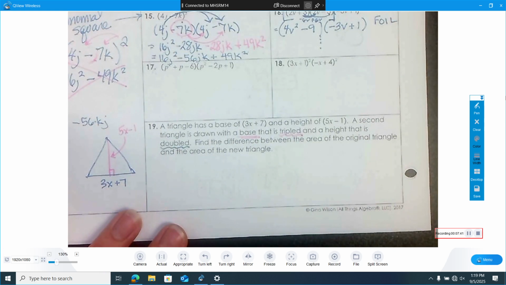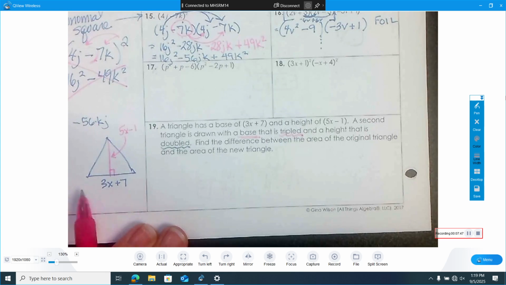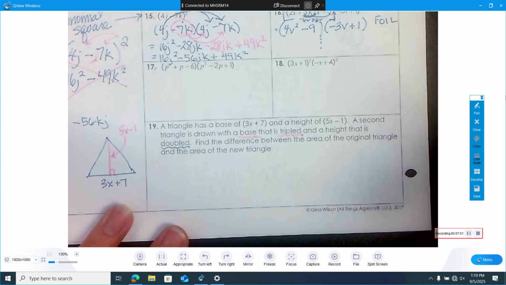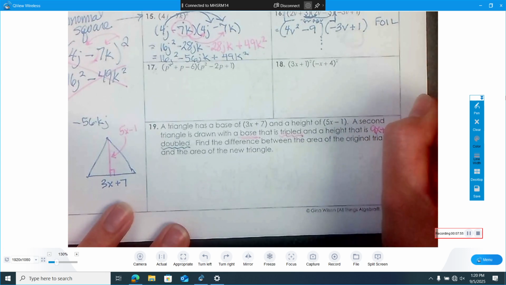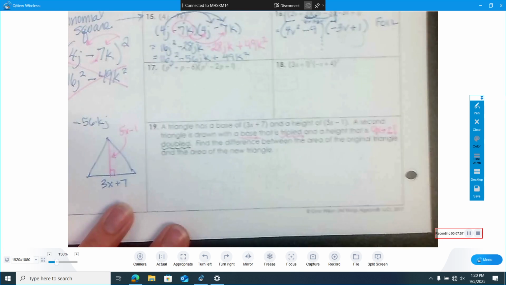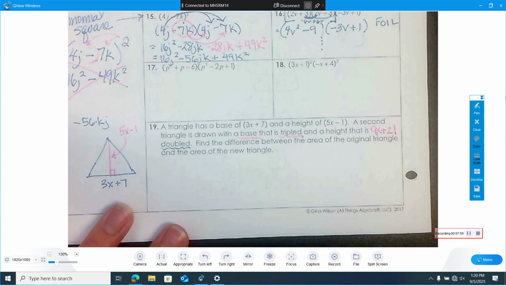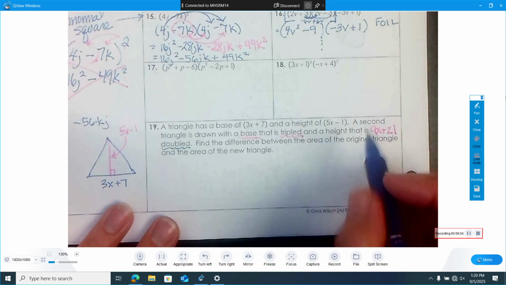What does it mean to triple it? Times it by 3. So we have the base, and we're going to triple the base. What do we get when we triple this base here? 9x plus 21. So that's our new base. Are you with me there? Yeah? Okay. And then it says the height.